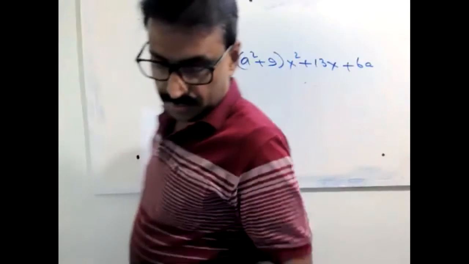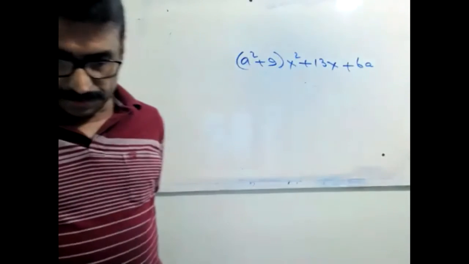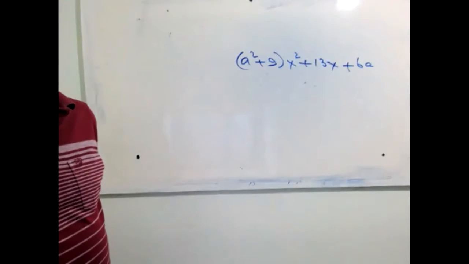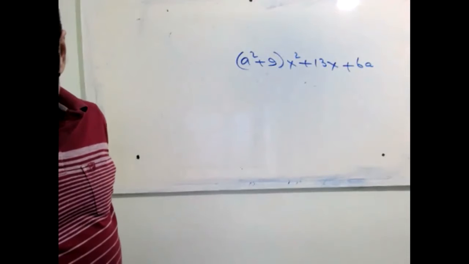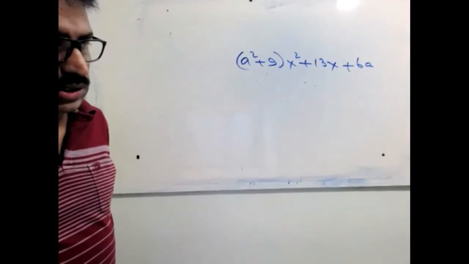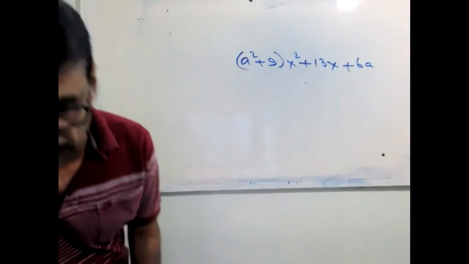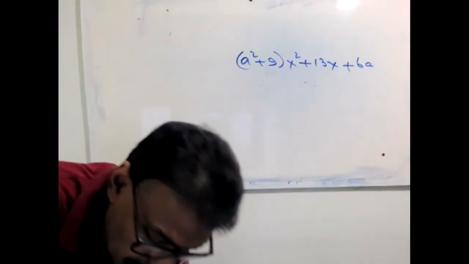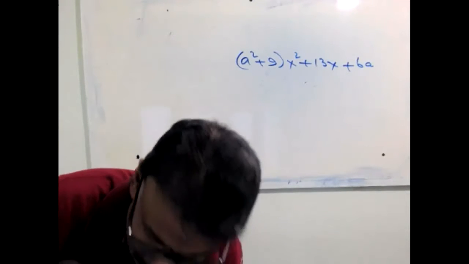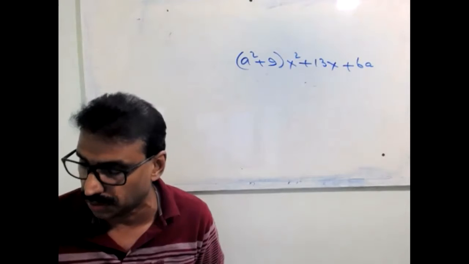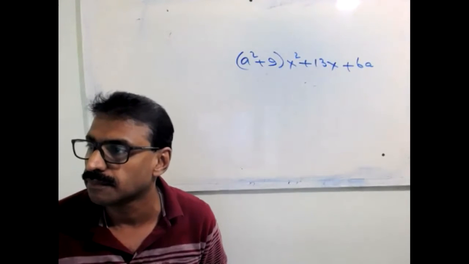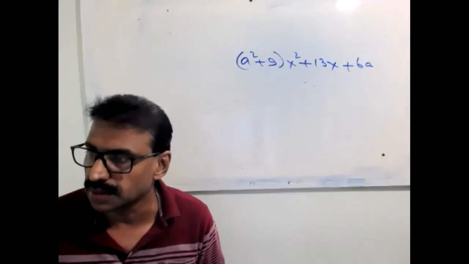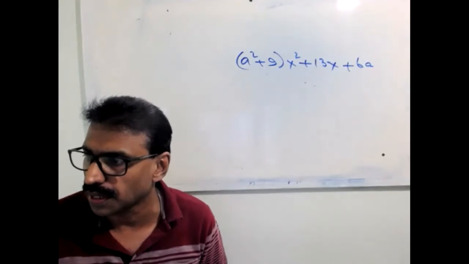Question again. If one zero of the polynomial a square plus 9 into x square plus 13x plus 6a is the reciprocal of the other, find the value of a.